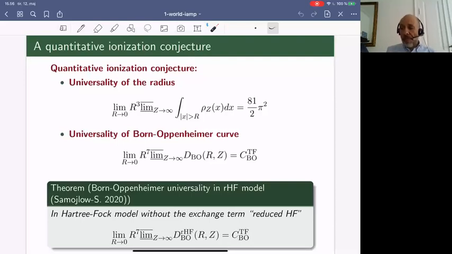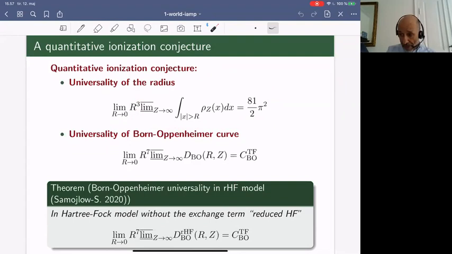In fact, for the real atom, I believe that if you integrate the density outside a radius r and you multiply by r cubed, so take the limit as z goes to infinity, take r cubed, let r go to 0, then you should converge to this number that you're getting in Thomas-Fermi theory. So this would be the value in Thomas-Fermi theory.